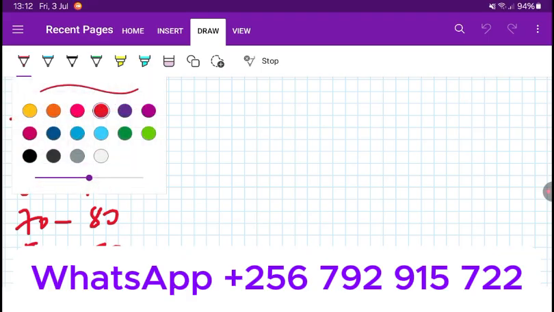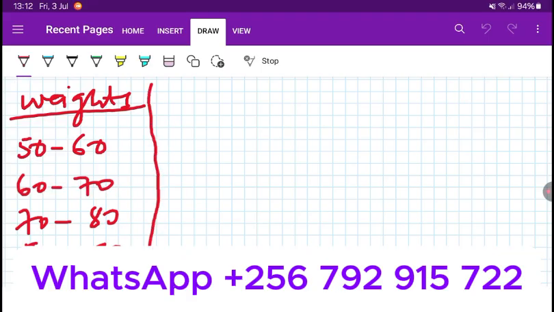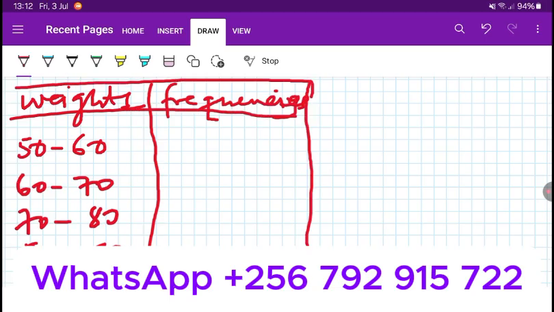And then of course we provide also the frequencies. Of course, the first one is 8, second one is 10, third one is 16, and this is 14. So move downwards.